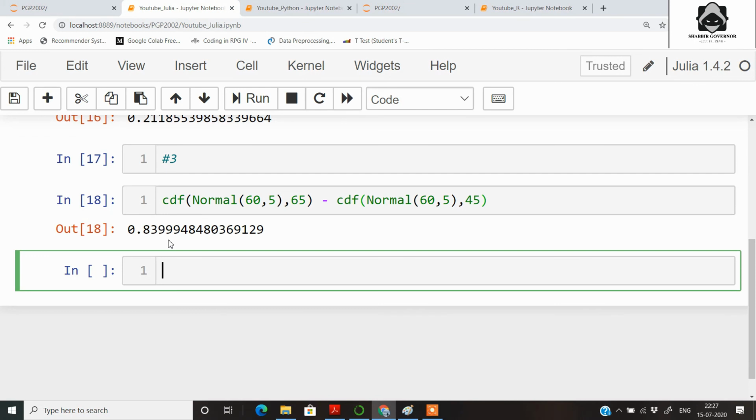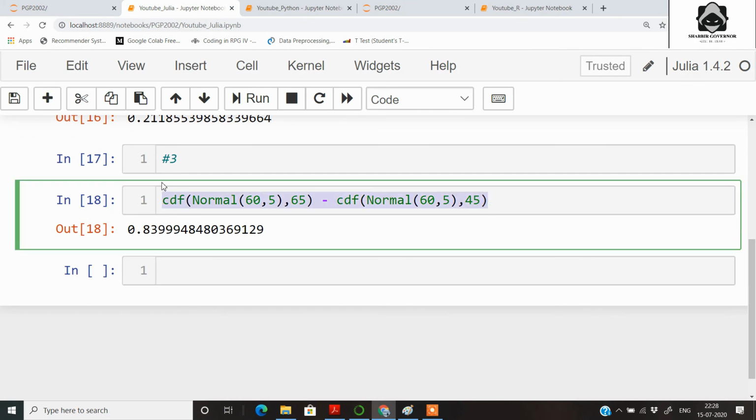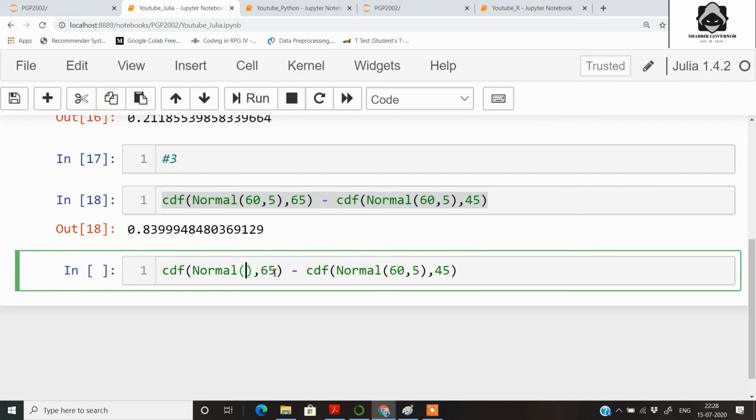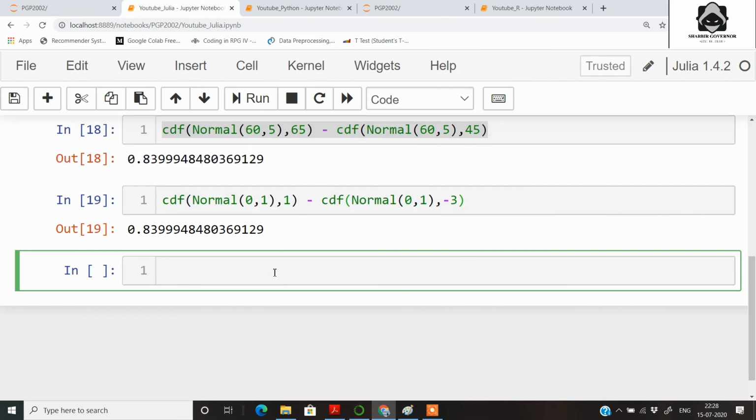The same thing for a standard normal distribution will be converted: this will become 0, 1, and this also will become 0, 1, and 65 will be converted to 1, and 45 will be converted to minus 3. So we get the same result.